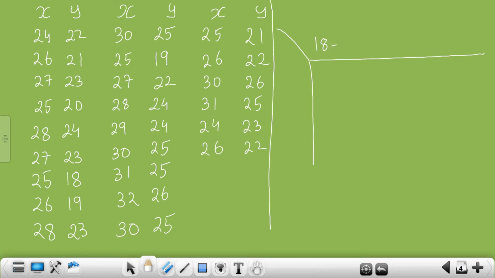So let us do that for y. It's 18 to 20, next is 20 to 22, 22 to 24, and 24 to 26.